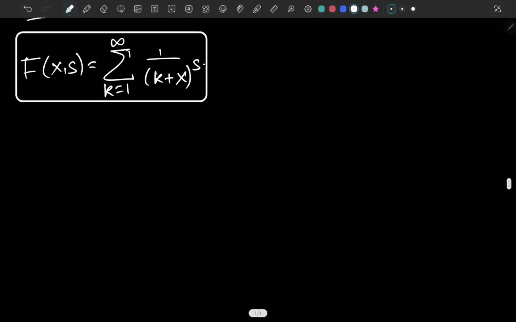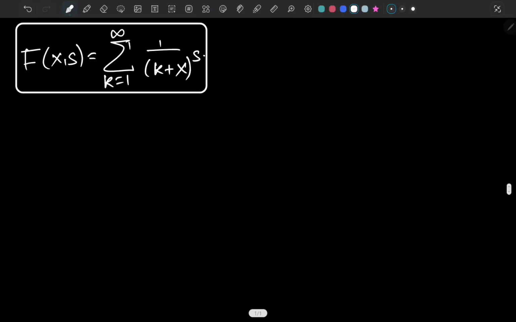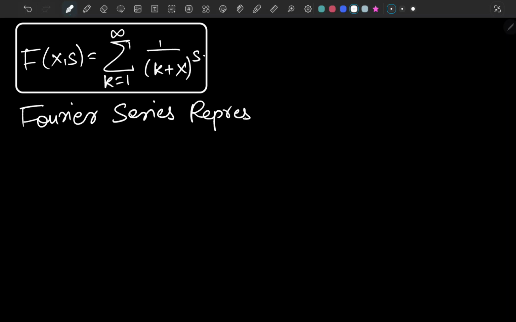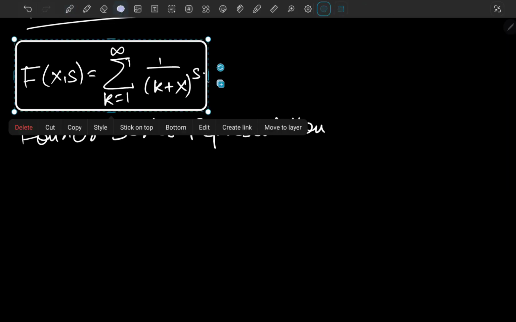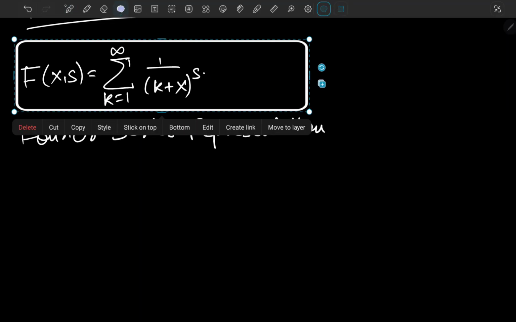Okay, so we know the Fourier series representation of a function, and we are considering this function in some interval.